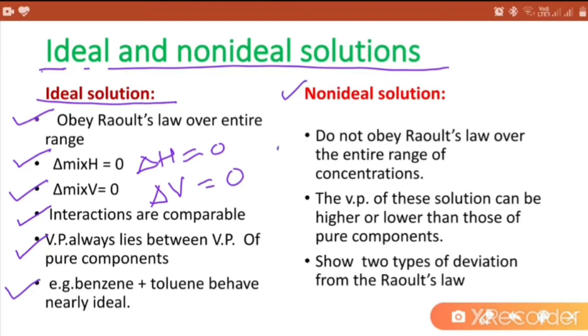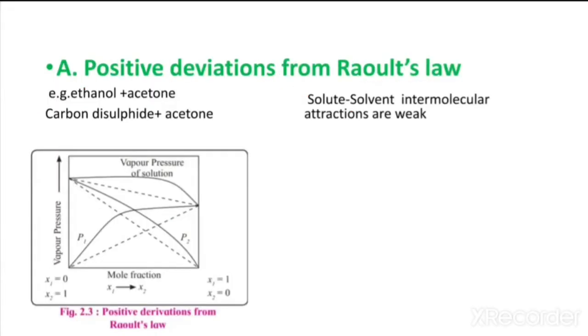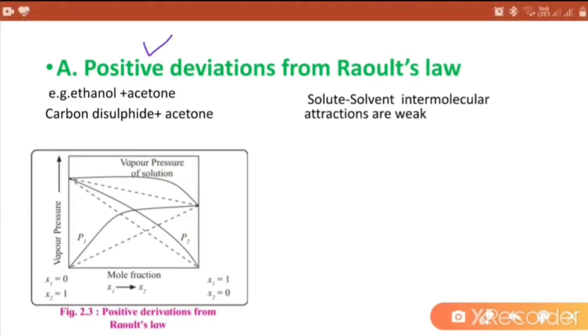Non-ideal solutions are the solutions which do not obey Raoult's law over the entire range of concentration. The vapor pressure of these solutions can be higher or lower than those of pure components, and they show two types of deviation from Raoult's law. Positive deviations from Raoult's law.